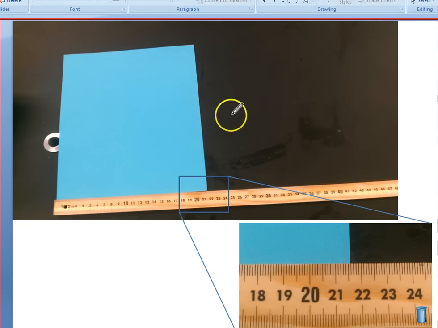Okay, here again, I'm going to measure in meters. I can tell I have less than 1 meter. I have 0.20, 0.21, not quite 0.22. So I'm going to say 0.21.